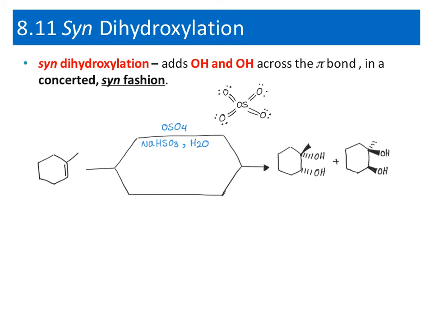And the next set is potassium permanganate with sodium hydroxide, and this reaction happens in ice, so you'll see it is written cold on the arrow. And the structure for potassium permanganate is this.